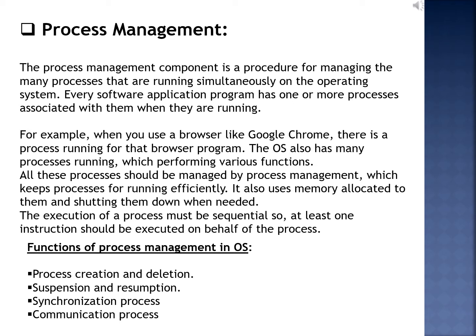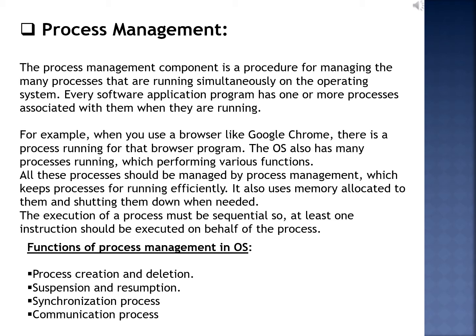In general, a process will need certain resources such as CPU time, memory, files, input-output devices, etc. to accomplish its task. These resources are given to the process when it is created.